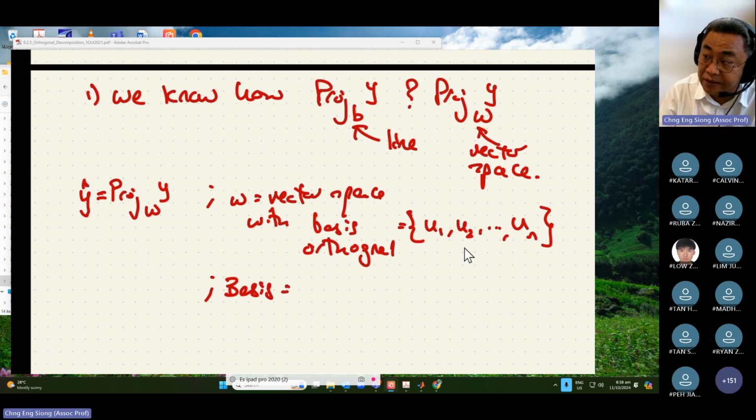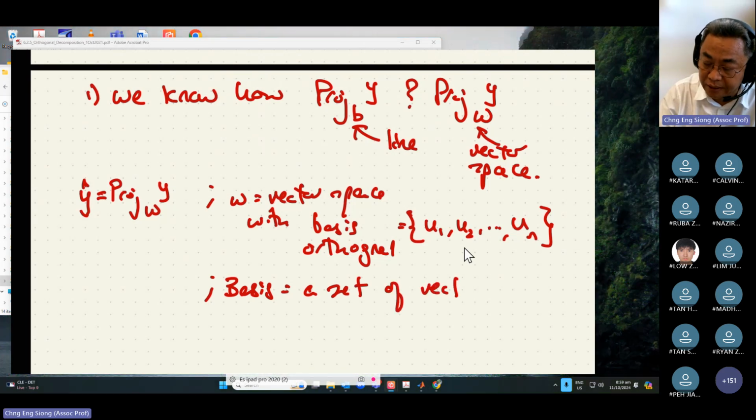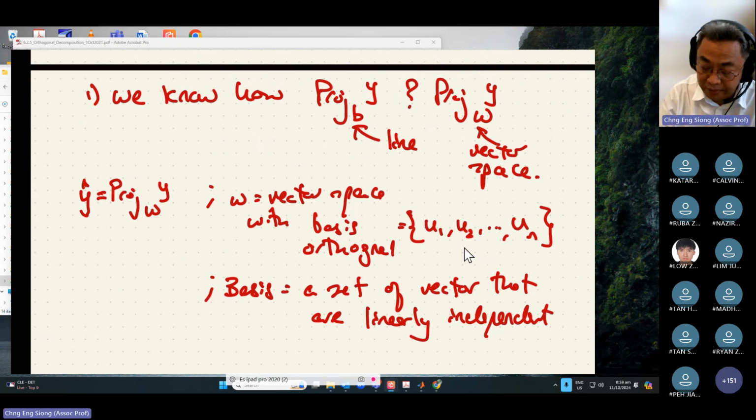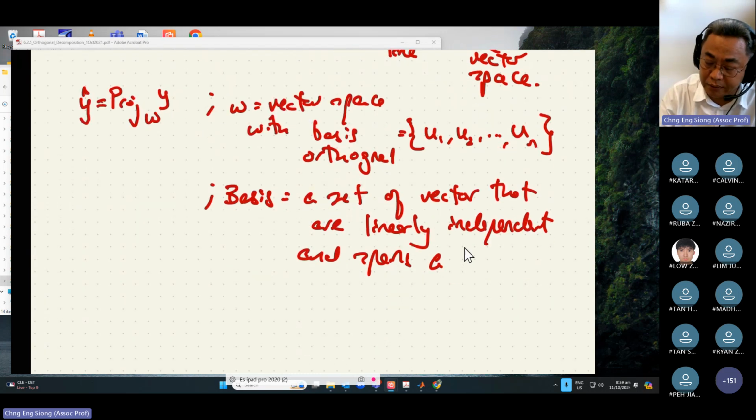Yes, it's a set of vectors that are linearly independent, and there must be another condition, and spans a subspace, a space, whatever space we want, a vector space.